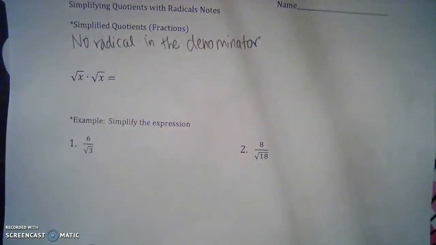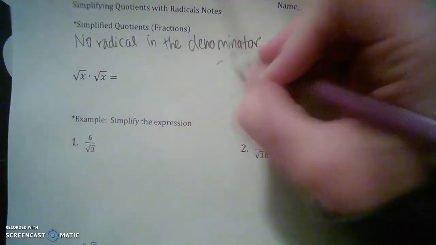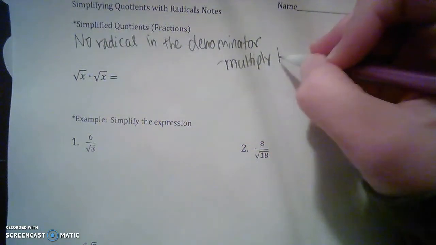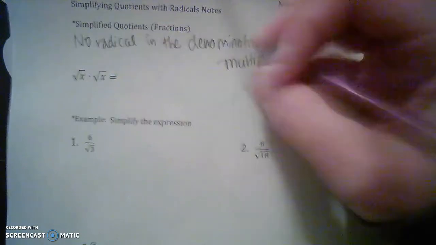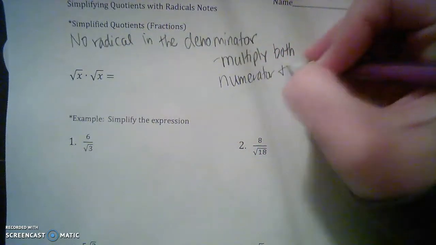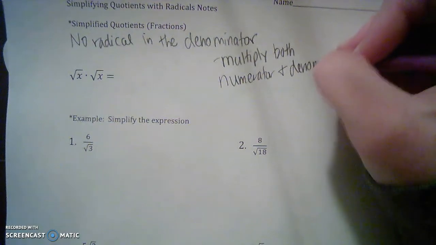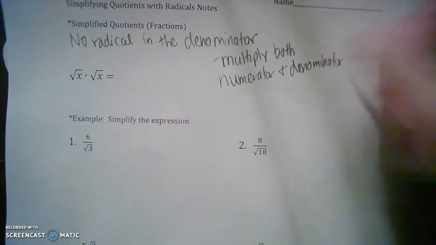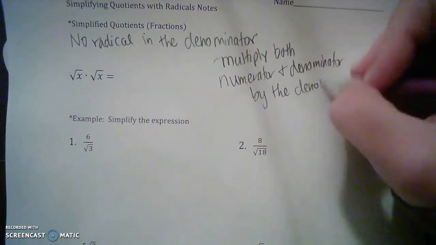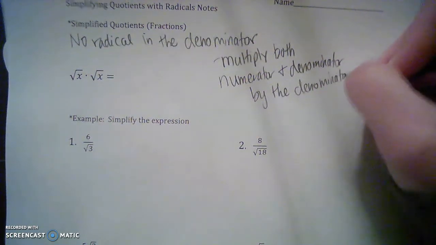All right, so what we're going to be doing today is get rid of the radical in the denominator. The way we do that is that we multiply both the numerator and denominator by the denominator.